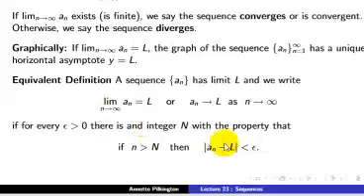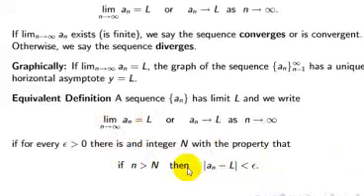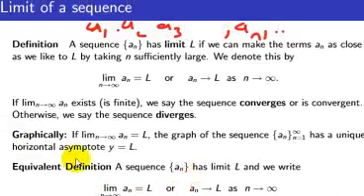So this is the definition: for every positive epsilon, we can find an integer n with this property. In this video we are going to understand this definition as well as this one here. So what does this mean?